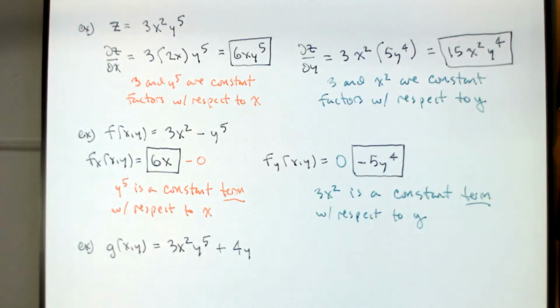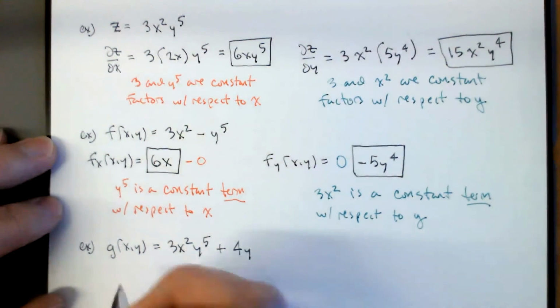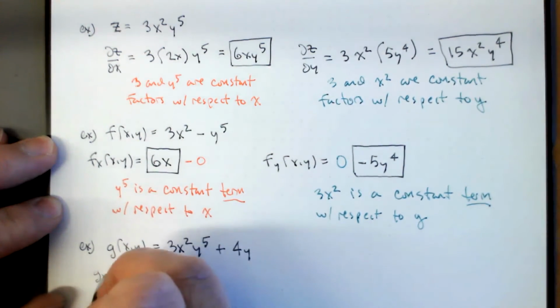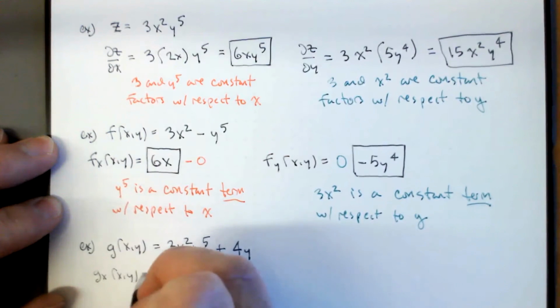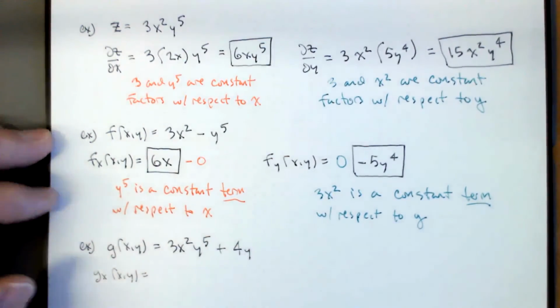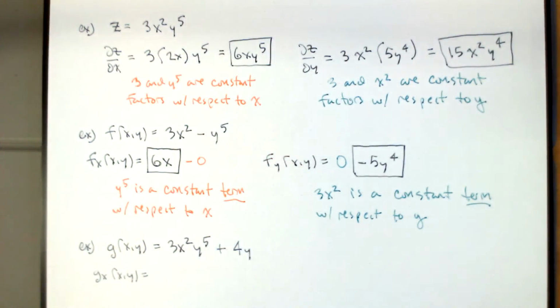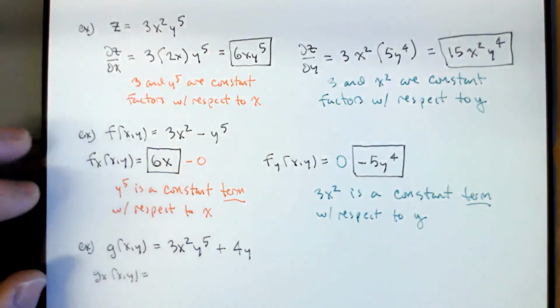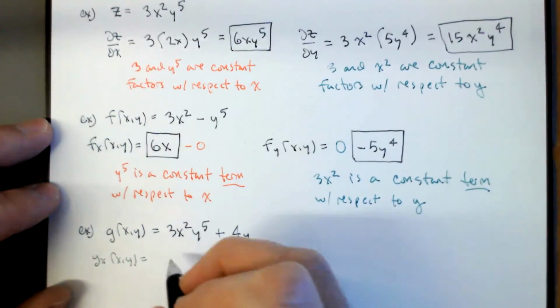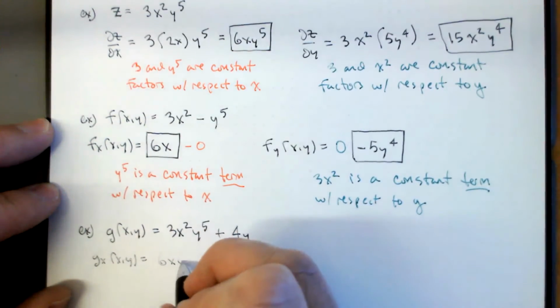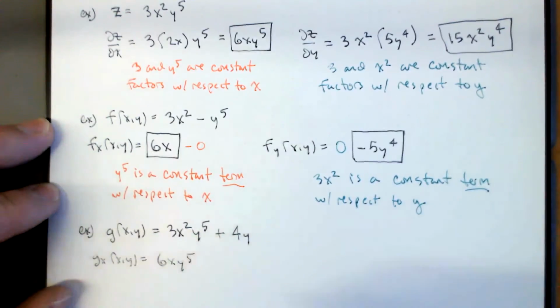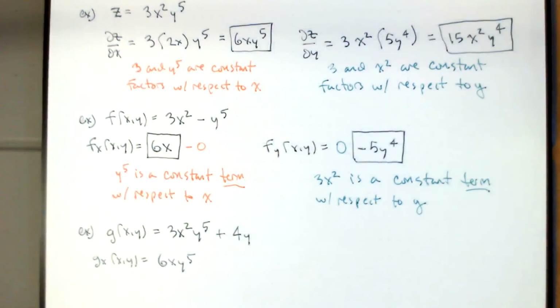The partial with respect to x has y to the fifth as a constant factor, but 4y as a constant term. In the partial with respect to x, g sub x of x, y, the y to the fifth is a constant factor, so the derivative of 3x squared y to the fifth is 6x y to the fifth, just like it was in that first example.